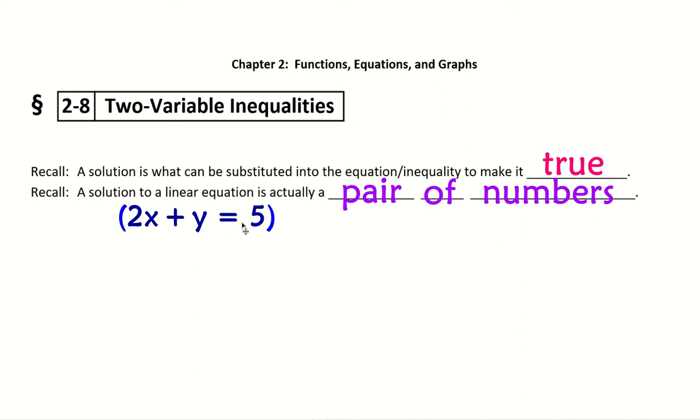Actually, how many solutions are there to 2x plus y equals 5? That's right. There is an infinite number of solutions. There's literally an infinite number of pairs that could make 2x plus y equal 5.